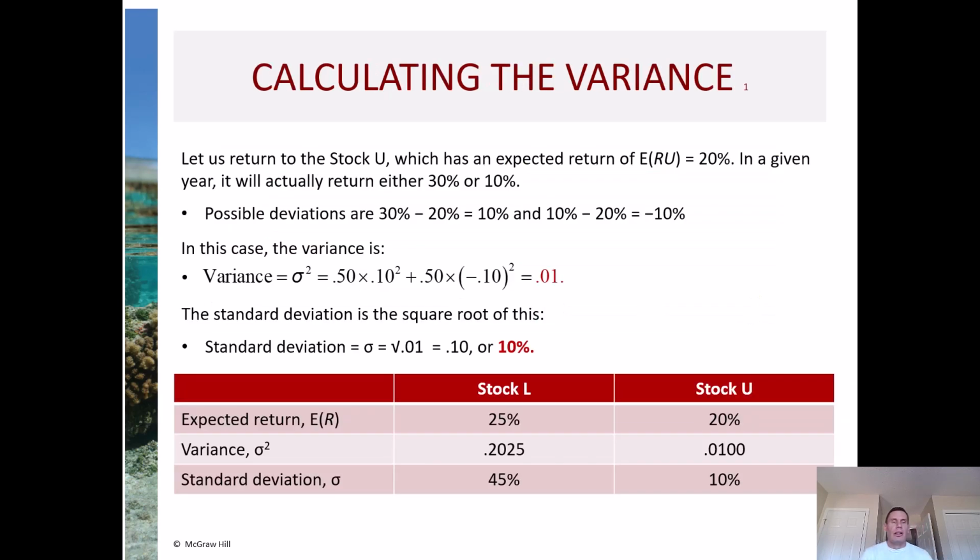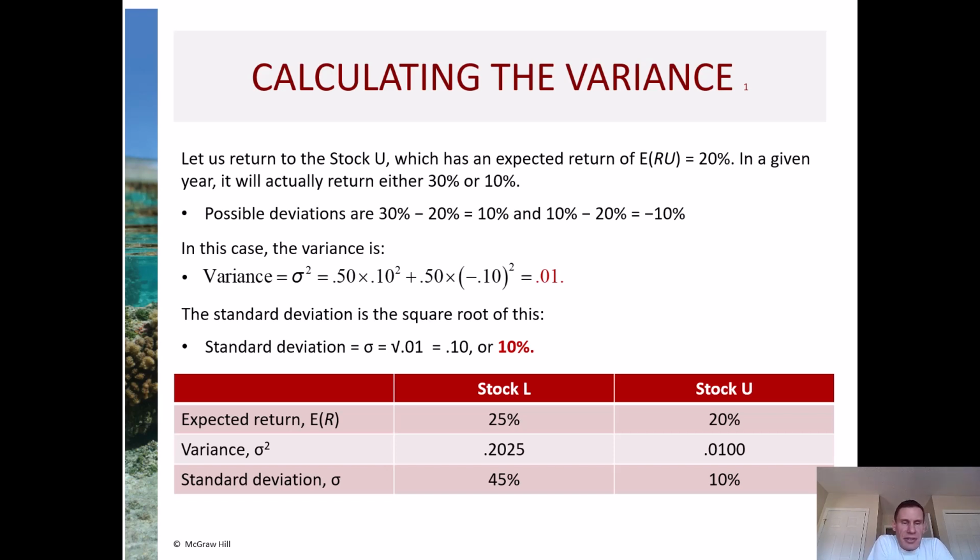All right, let's now talk about calculating the variance. So let's return to stock U, which has an expected return of 20%. In a given year, it will actually return either 30% or 10%. So the possible deviations are the 30% minus the 20%, which of course is 10%, and the 10% minus the 20%, which of course gives us that negative 10%.